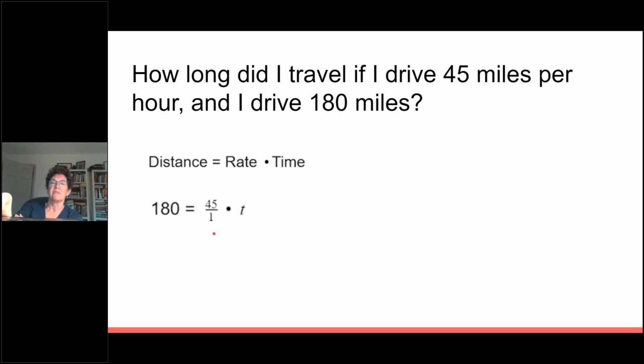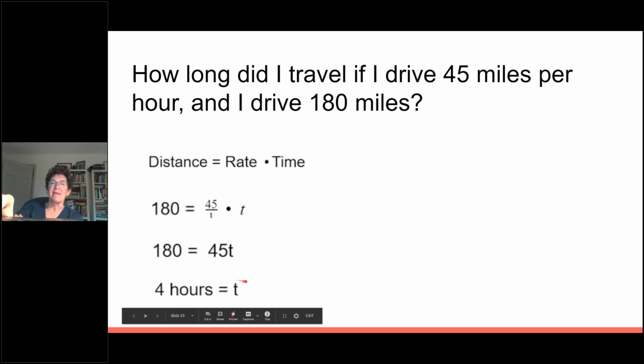So I'm going to have t over here, and then I divide 180 by 45. Here I've simplified 45 over 1 to just 45. So I divide both sides of this equation by 45. 45 divided by 45 is 1. 180 divided by 45 is 4. So my time is 4 hours.